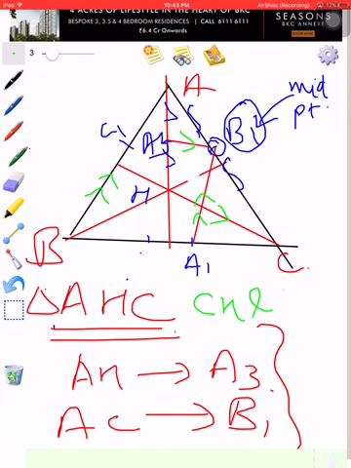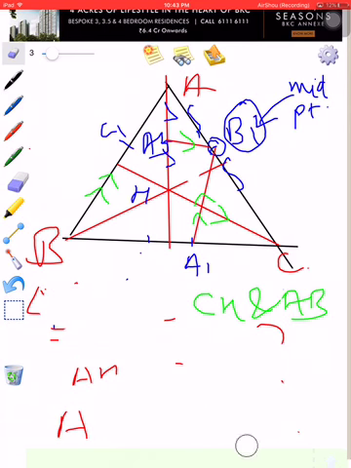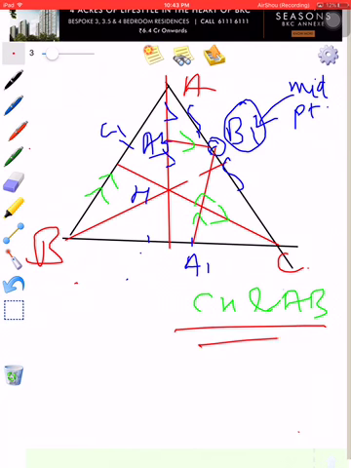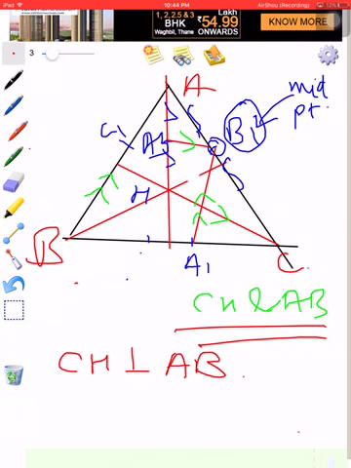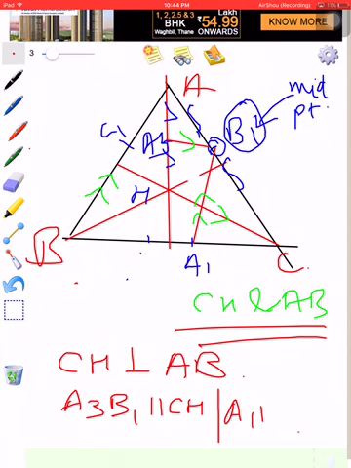What you get is that CH is perpendicular to AB. I know A3B1 is parallel to CH, and I know that A1B1 is parallel to AB.